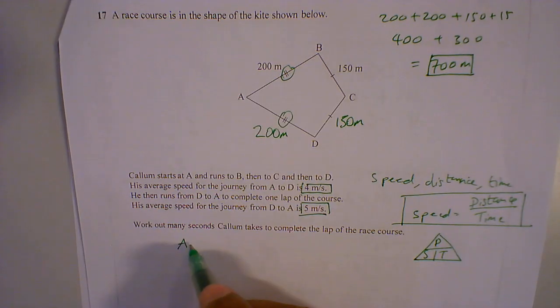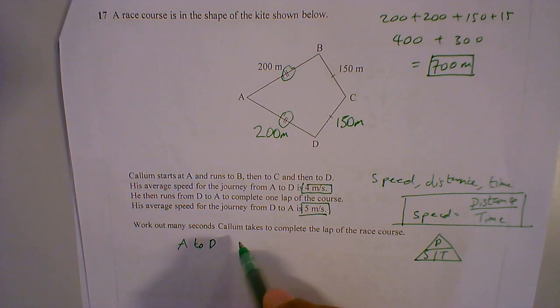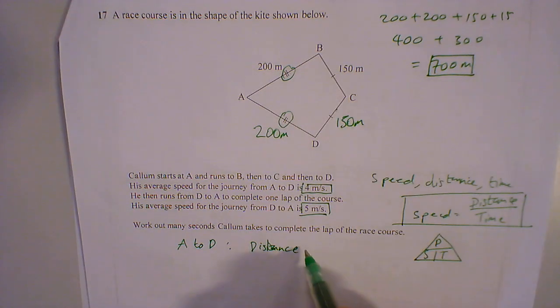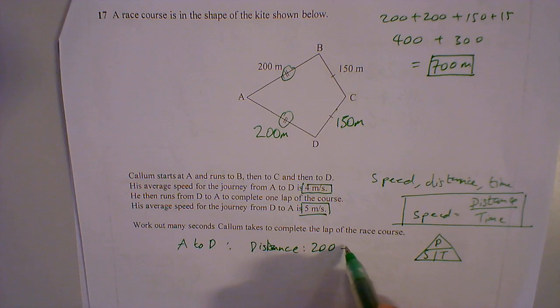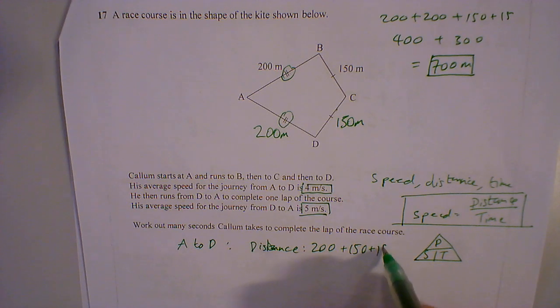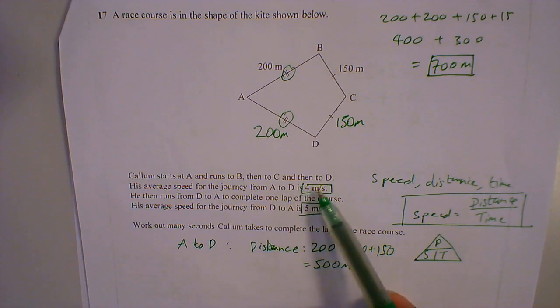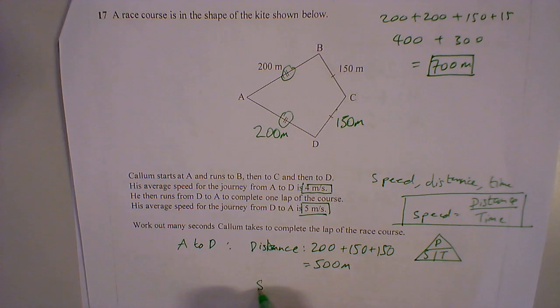So let me do A to D. Distance is 200 plus 150 plus 150. 150 and 150 is 300, plus 200 is 500 meters. That's my distance. His average speed is 4 meters per second, so speed equals 4 meters per second.